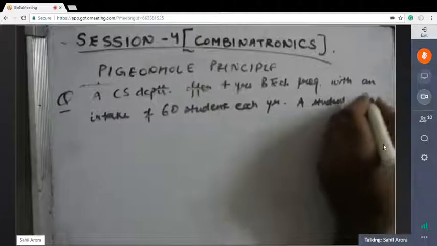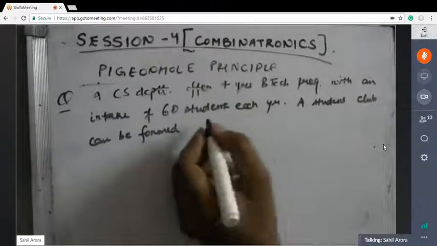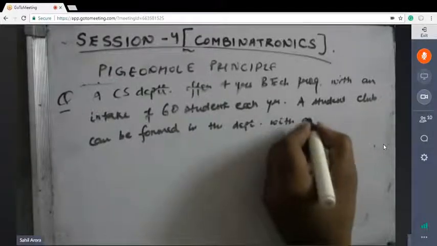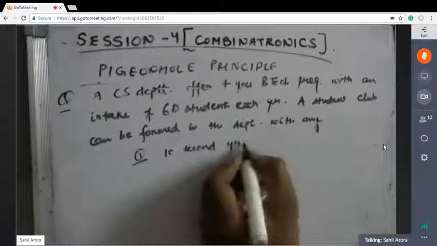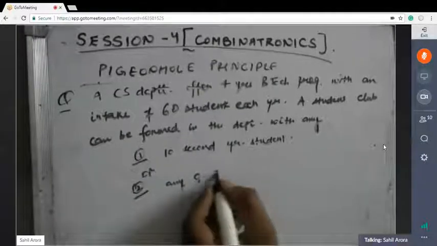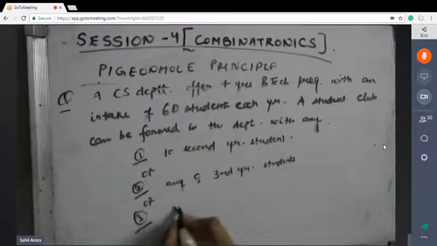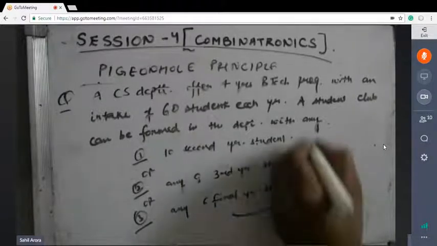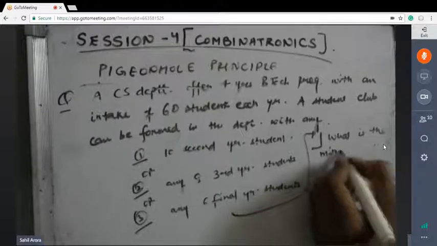A student club can be formed in the department with any 10 second year students, or any 8 third year students, or any 6 final year students.